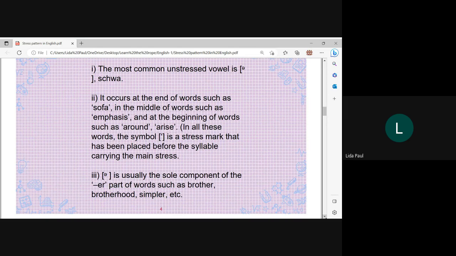Essentially, what is stress? When you say that a syllable is stressed, we're basically saying that that particular part of the word is said a little louder and in a little lengthier way. When you say that this particular syllable is stressed in a word, what you mean is that it is said with a little more loudness and in a little more lengthy fashion.